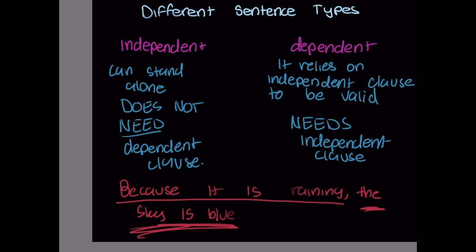That's why you have an independent clause. The dependent clause is an addition to this independent clause. But the independent clause is not an addition to the dependent clause. It stands on its own. Okay?